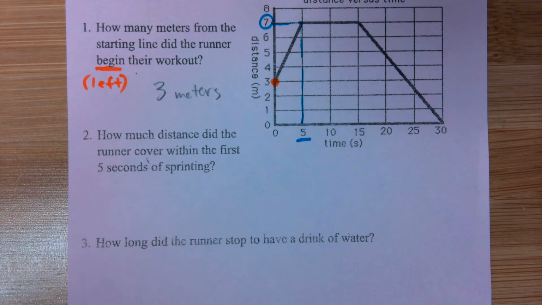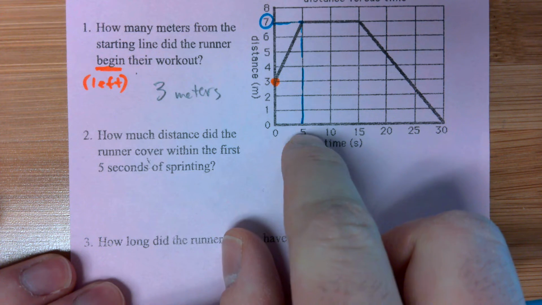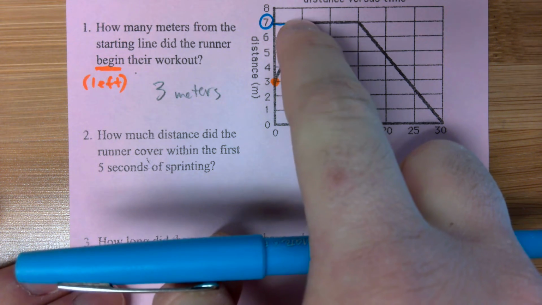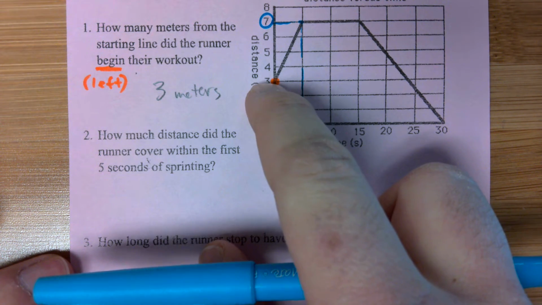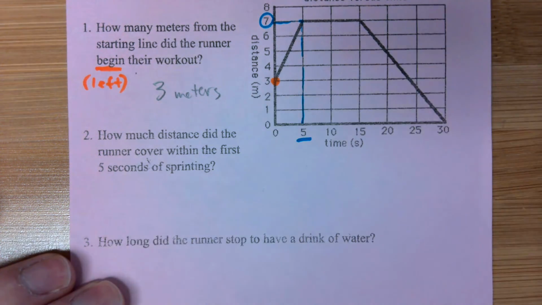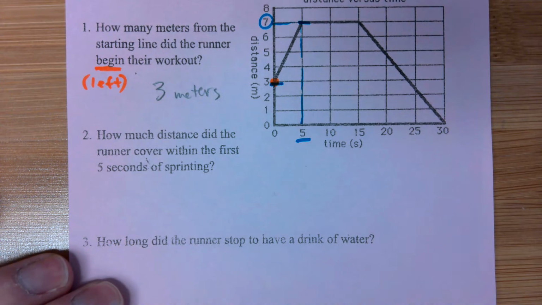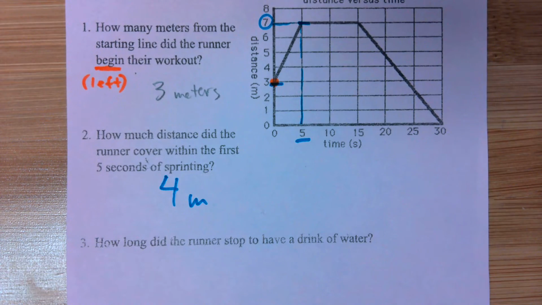The problem with that is he doesn't cover 7 meters in 5 seconds, right? He ends up 7 meters from the starting line. But how many meters away did he start? 3. 3, right? Yes. So he went up from 3 to 7, which is a total distance of only 4 meters within that 5 seconds.